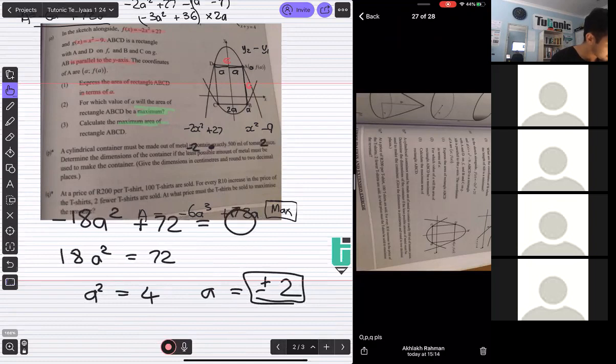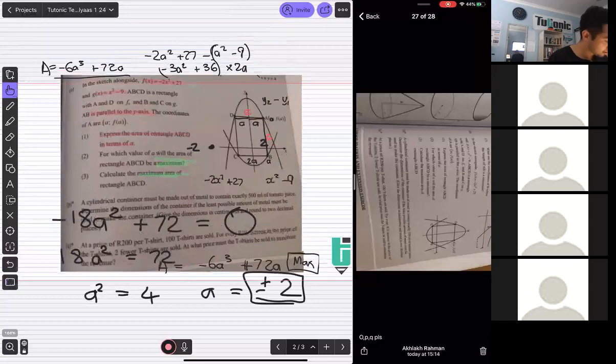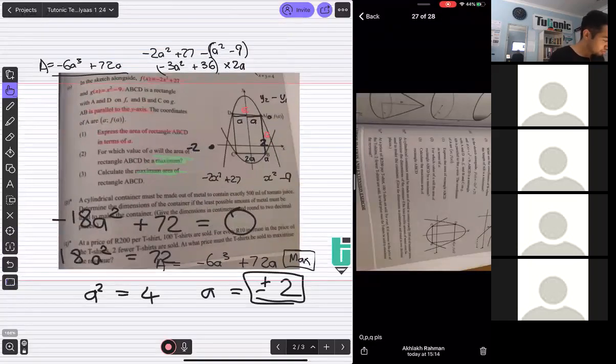So what would you do to work out the area? You would sub in 2 into the area equation. So let's just see what we get. It should be minus 6 times 8 plus 72 times 2.